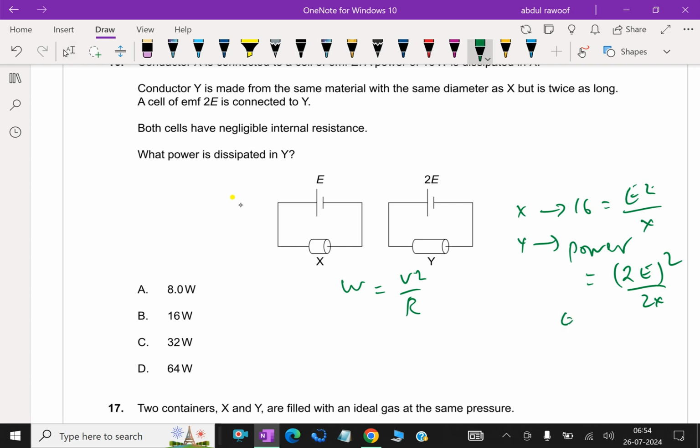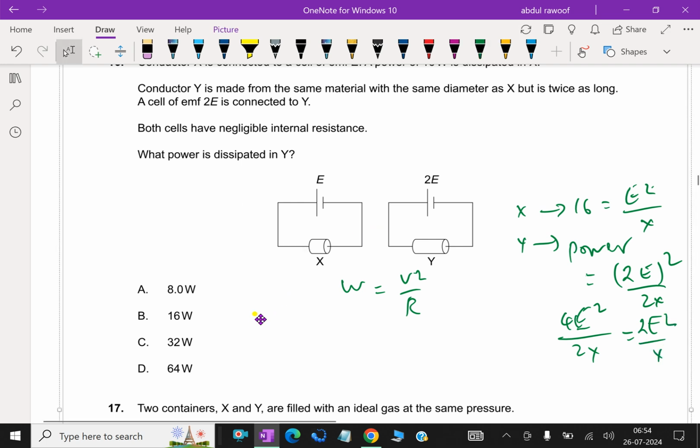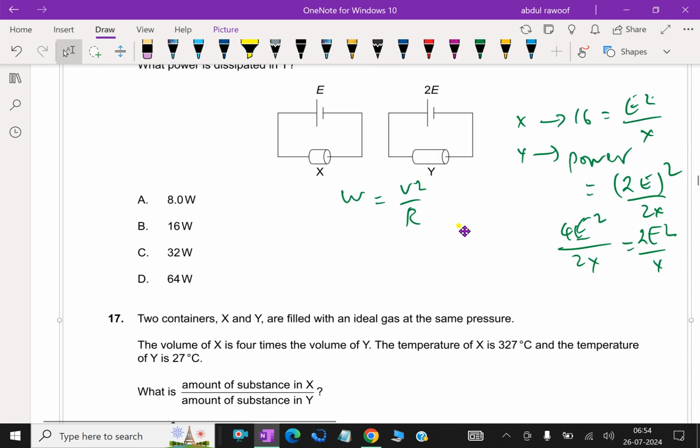Therefore 4E squared over 2X is 2E squared by X. So it is 2 times more than 16, that is 32. It dissipates 32 watts.